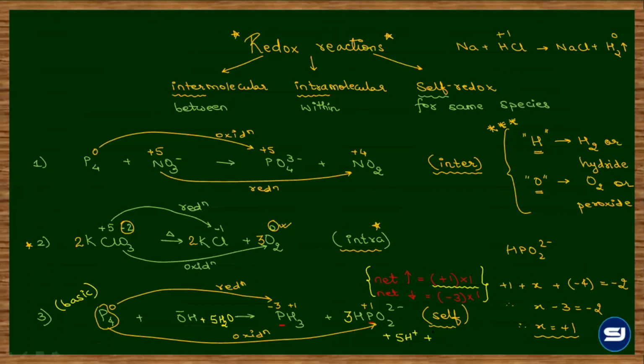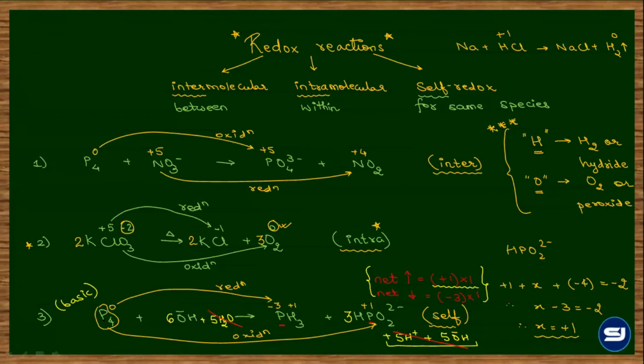Then basic medium में H plus जितने हैं उतना OH minus needs to be added on both the sides. If I add 5 OH minus, 5H plus and 5 OH minus will give 5H2O. And 5H2O is already on the left also, so this entire term can get cancelled.